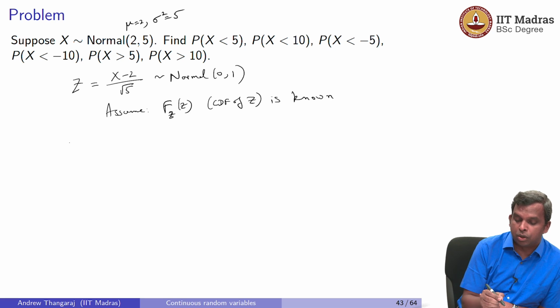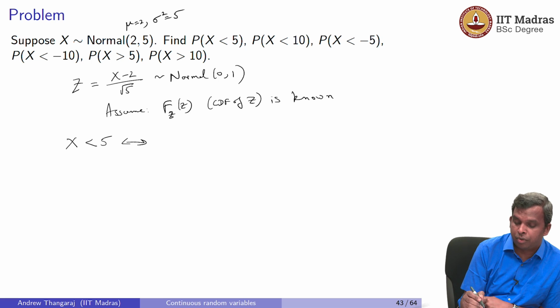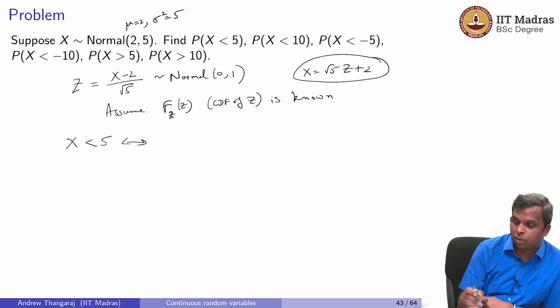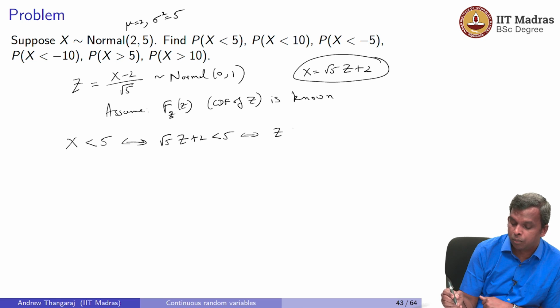And then we convert. So if you say x is less than 5, so that happens if, z is x minus 2 by root 5, so x is going to be root 5 z plus 2, isn't it? So instead of x, you put root 5 z plus 2. Root 5 z plus 2 is less than 5, which is the same as z being less than 3 by root 5.